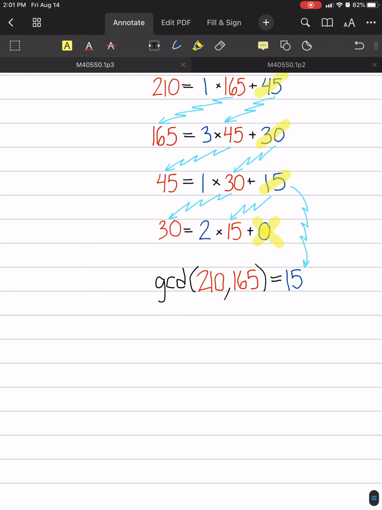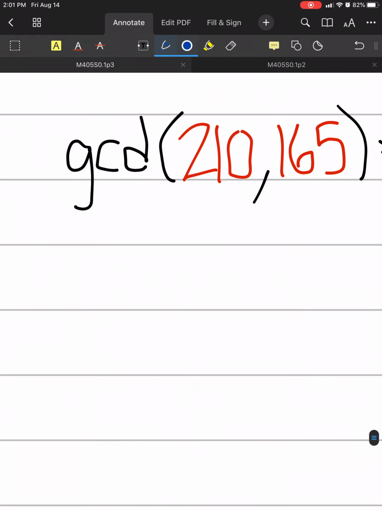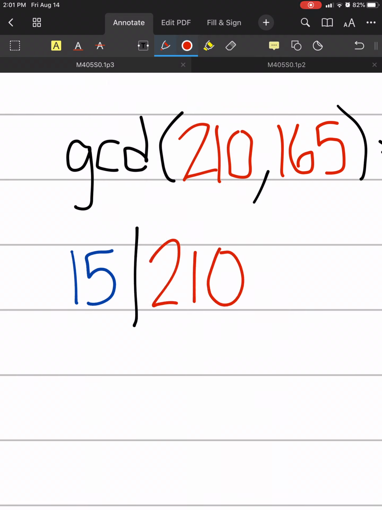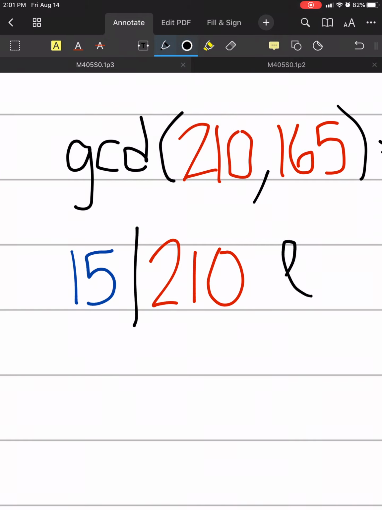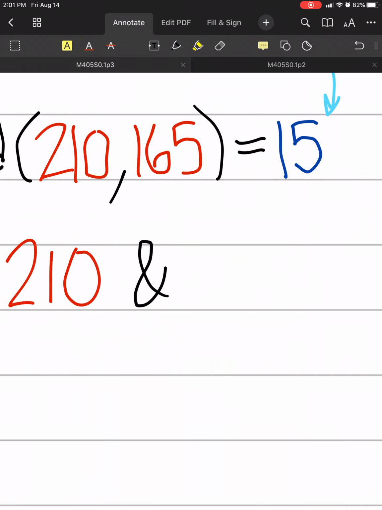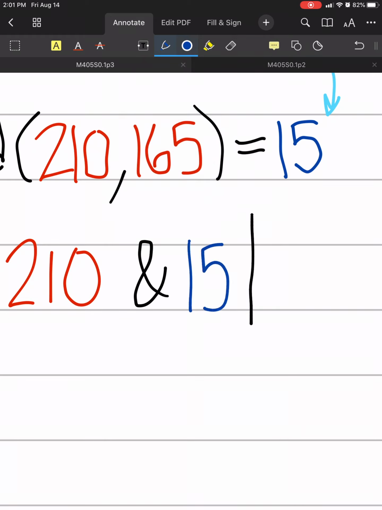In other words, 15 goes into 210, 15 goes into 165, 15 divides 210, and 15 divides 165.